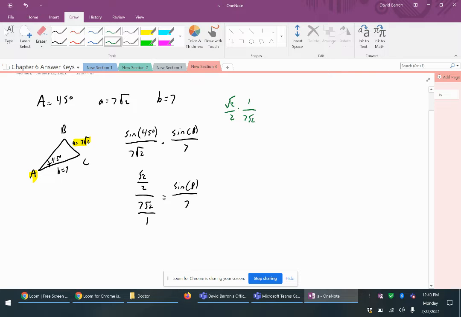That's how you divide fractions, you flip the denominator and multiply. These cancel and we get 1 over 14. So I get 1 over 14 equals sine B over 7. Solve for sine B. We get 7 over 14 equals sine B.